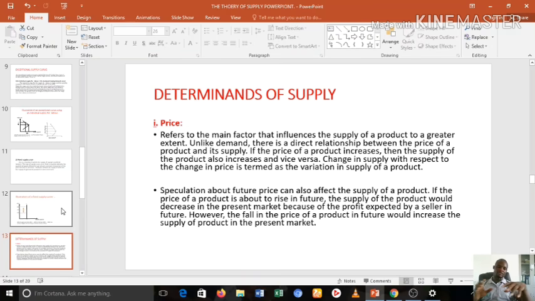Now, remember, under demand, we looked at the factors that influence demand, where we saw taste and fashion, seasonal variation, population size, population structure, prices of other goods, and all of that. So with supply, we are going to look at the determinants of supply, which are the factors that will lead to an increase or decrease in the supply of goods and services.